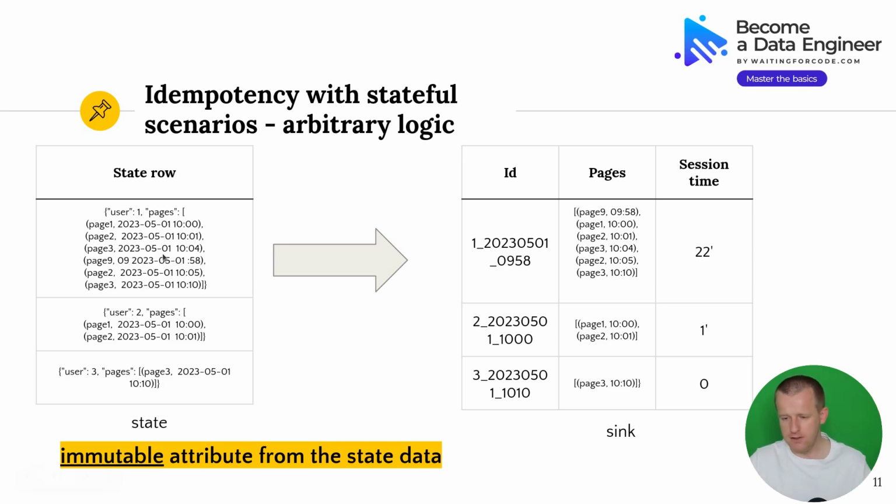We also have a list of pages, something that will also never change, because remember, when we do the GC watermark, we are not supposed to get any more data for the state. Here we simply take the user ID and the first page of the visits list. Again, we rely on the event time here, because 158 is the first record.